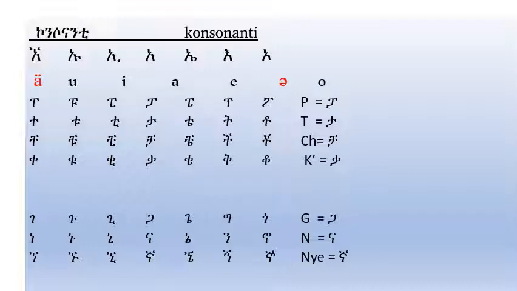This is the O. Sometimes my usage of the computer is not that good, so whatever I write goes to different places.